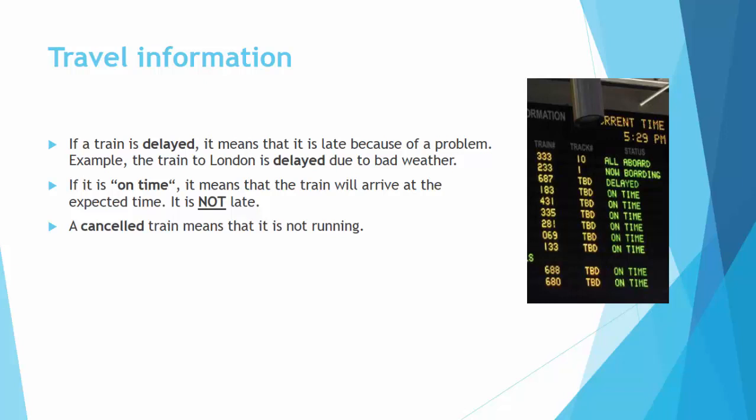Or the next one is, if it is on time, it means that the train will arrive at the expected time. It's not late, it's not delayed. And the last one is to cancel a train. Cancel a train means that it is not running.